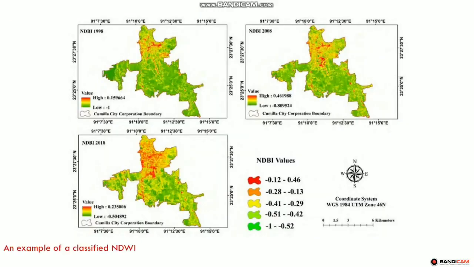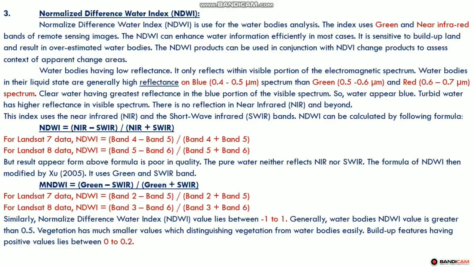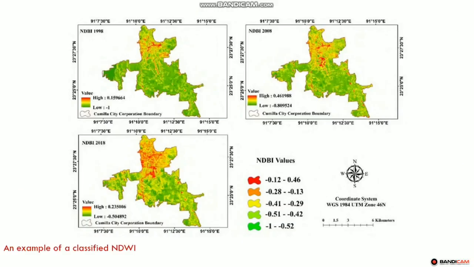So you can see this is an example for the same area of study for the water index. Just as the result states here, water has a value greater than 0.5. So anything from 0.5 is the water body for us here.